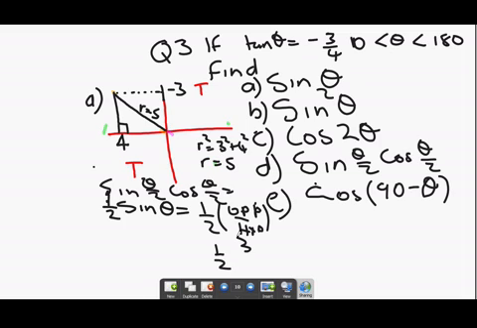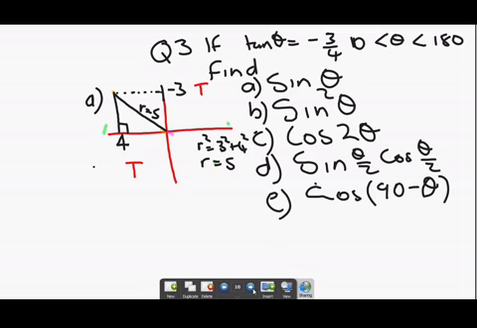It's not -3. Sorry, I think I made a mistake previously. It's going to be half times 3 over 5, which is basically 3 over 10. So remember, when you do the first one, this one is not -3, it's +3 over 5. So we had made a mistake here. We're not supposed to put a negative there. Okay, mistakes are common, and always accept your mistakes, and I'm one who always accepts my mistakes.